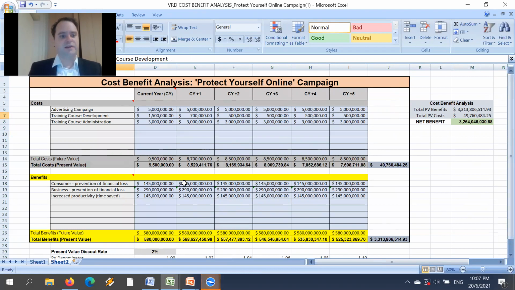And all we've got here is, okay, the costs would be doing advertising campaigns and training courses. The benefits would be prevention of financial loss from consumers and businesses, not to mention the time saved by people trying to recover their financial assets or recover their identities that have been thieved.